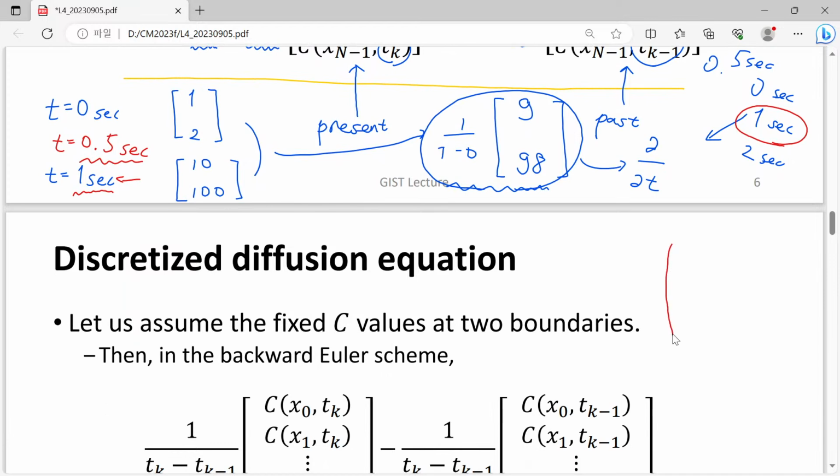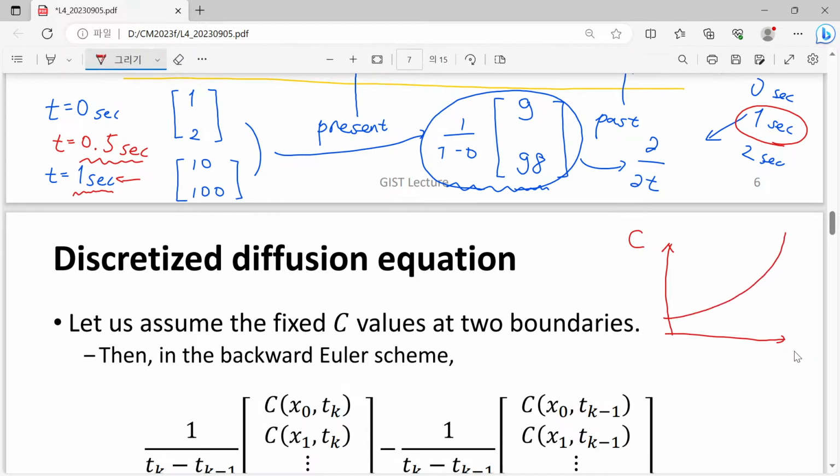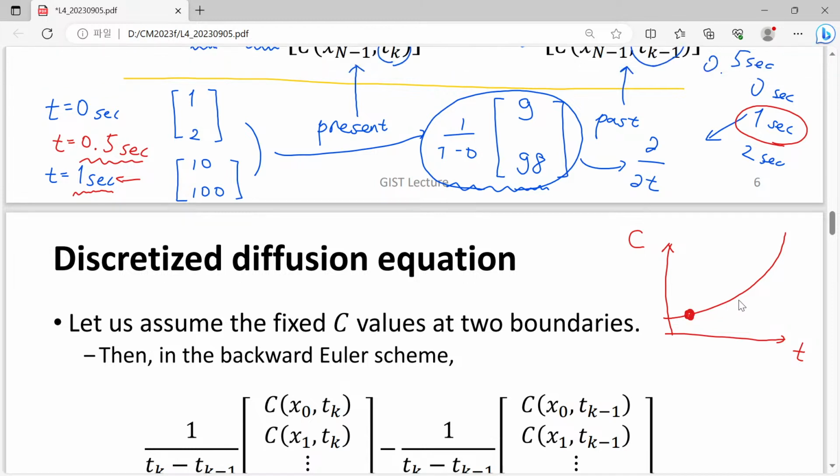Let's say that your C value at a certain position grows quite rapidly. For example, this is the time variable and this is the actual behavior of your C value. Now let's assume that you have a certain time point, and another time point, and another time point.